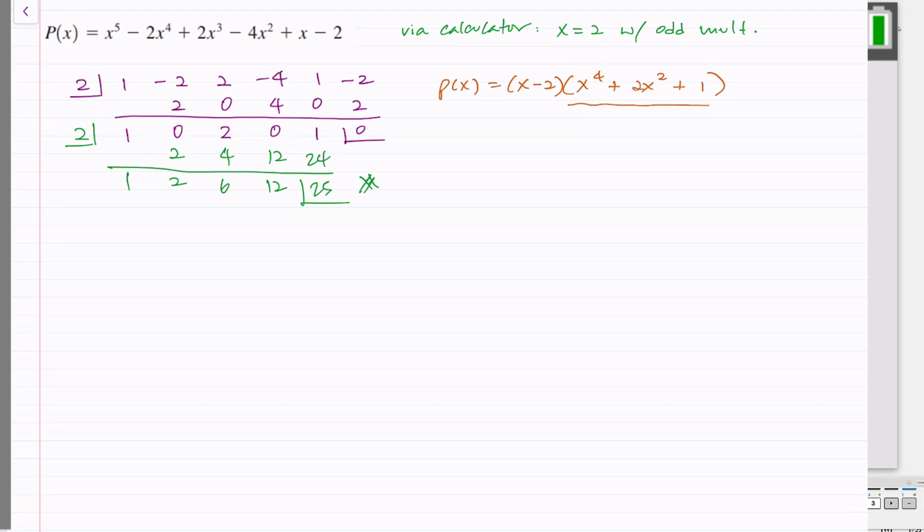But if you have good factoring, you can factor it without doing a change of variables. Here's what's going to happen. You're going to have p of x, and it's x minus 2, and then that's going to factor as x squared plus 1 quantity squared.